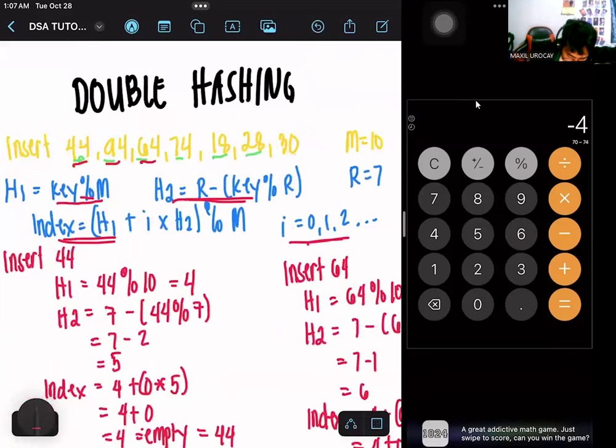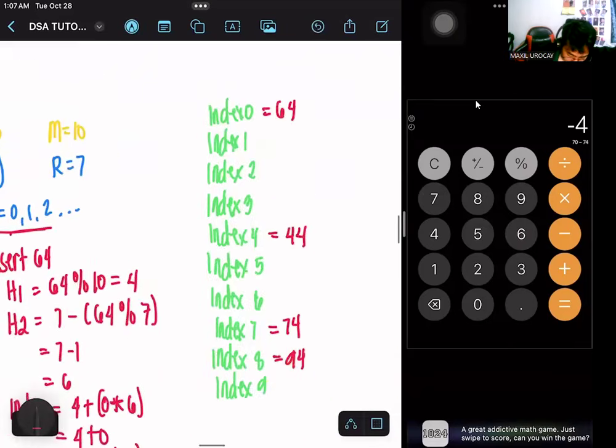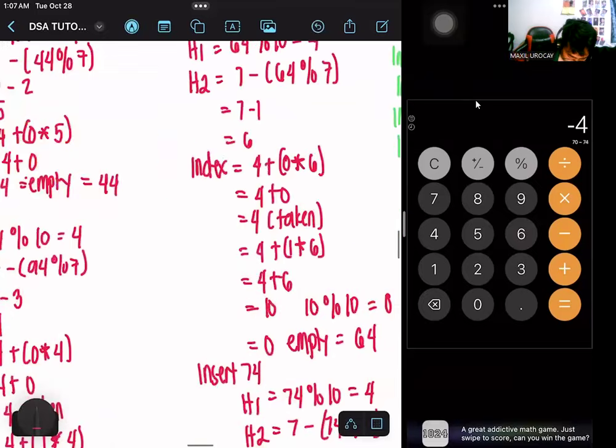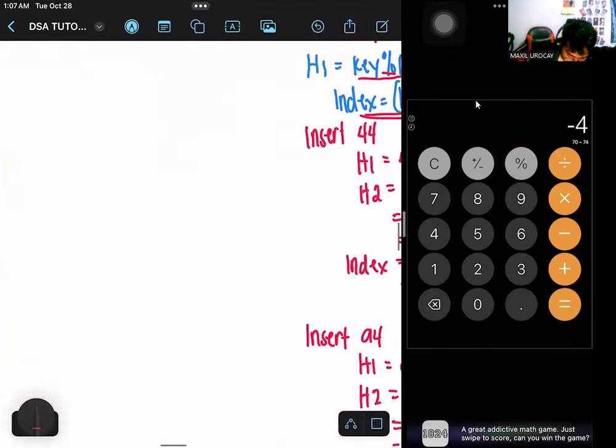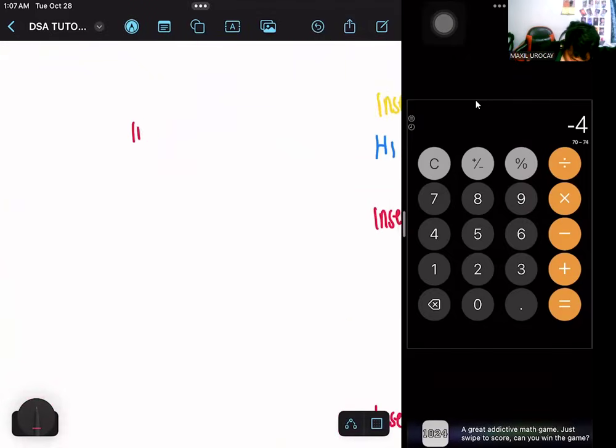Let's go ahead and run through 18. So 18, let's try to run through in a different location. Insert 18. Now, 18 for hash 1 equals modulo of 10. So 18 divided by 10 will become 1. 1 times 10 will become 10, 18 minus 10 will become 8.